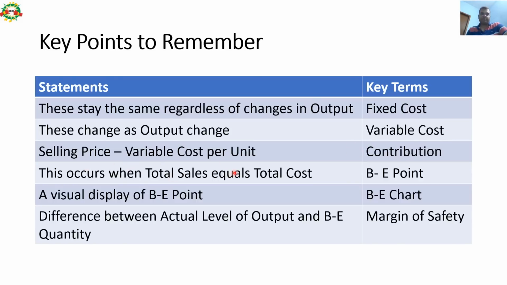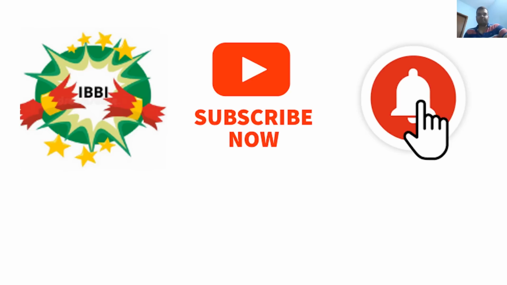Selling price minus variable cost per unit is nothing but contribution. This occurs when total sales equal total cost, that is BE point. A visual display of BE point is BE chart. Difference between actual level of output and BE quantity, break even quantity, is margin of safety. So these are the key terms and these are the hint statements from an exam perspective.